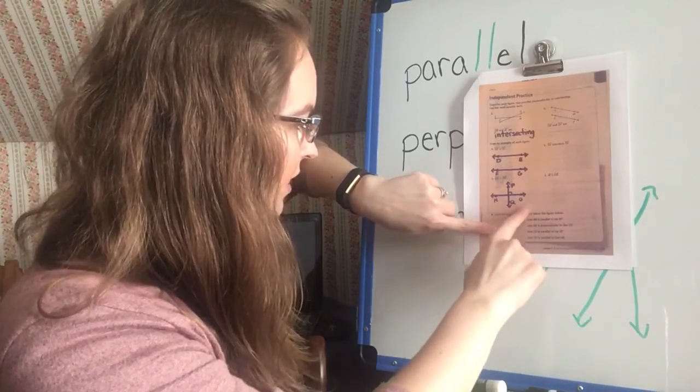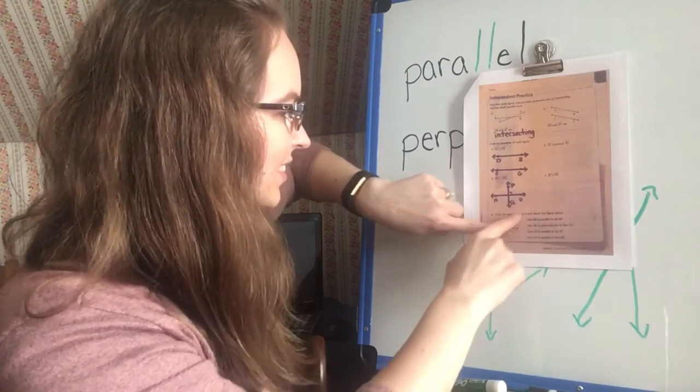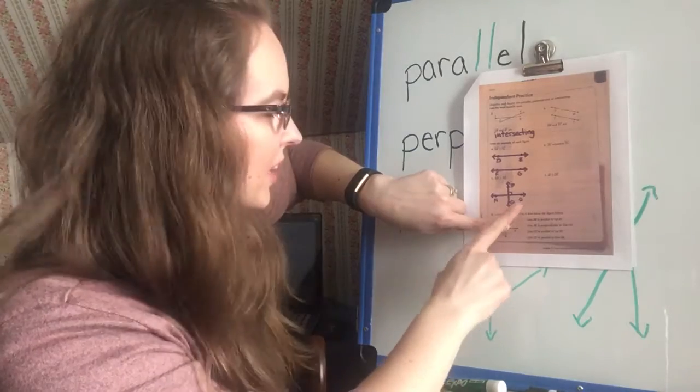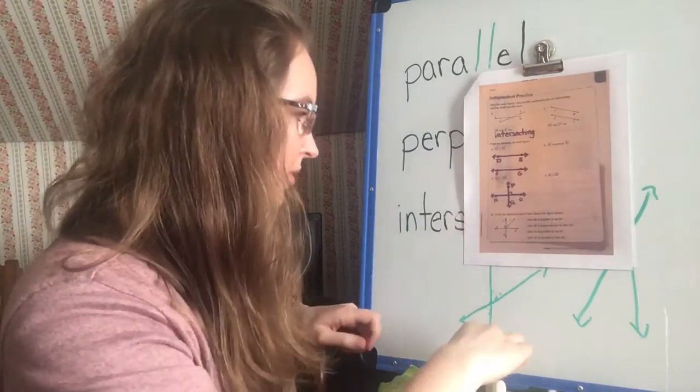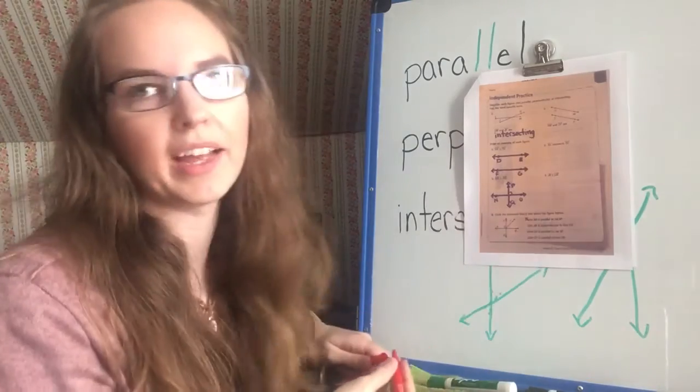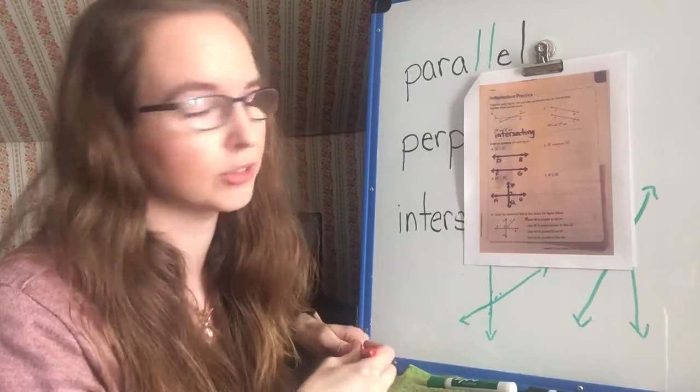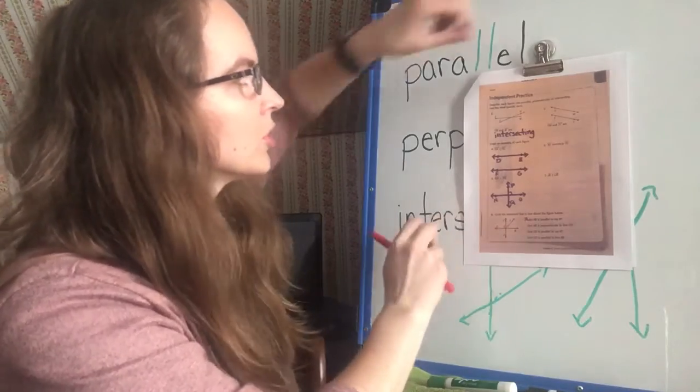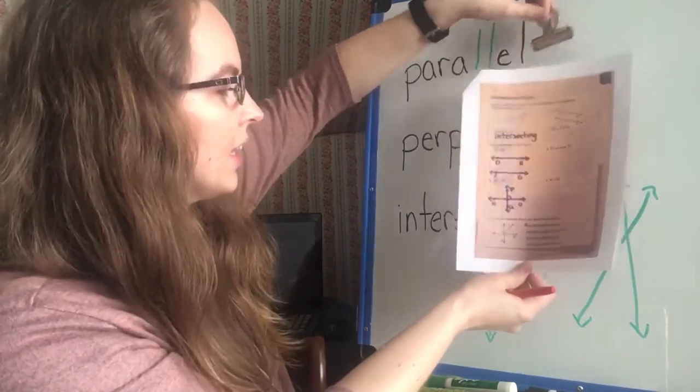Well, EF is here. Is that parallel? No, they're going to hit each other. So I know that it is not that one. I'm going to put just a little X by it because I've tried it and I know that's not true. So go through, try the rest of those to find the one that is true.